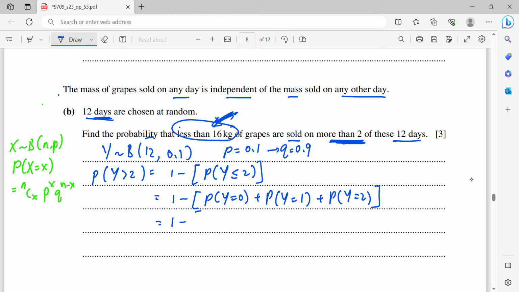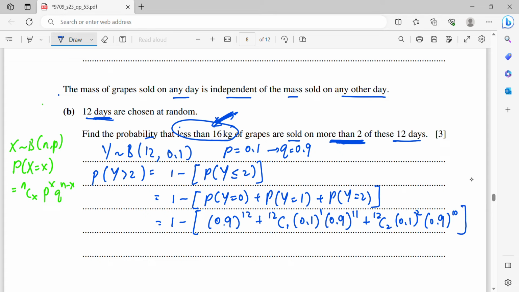So now 1 minus, Y equals 0 means no success, it will be all failures. So 0.9 to the power of 12 plus 1 success, so 12C1, 0.1 to the power 1, 0.9 to the power 11, plus Y equals 2 means 2 successes, so 12C2, 0.1 to the power 2, 0.9 to the power 10. Right?